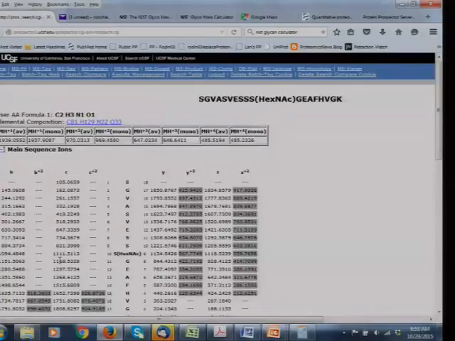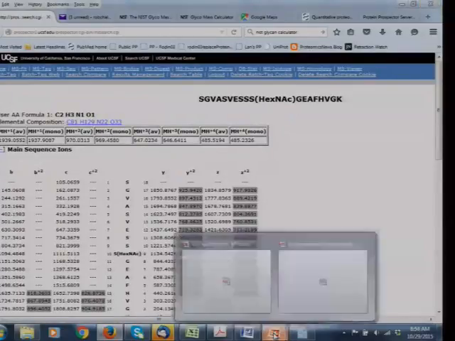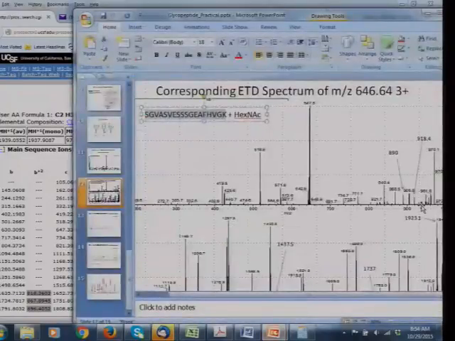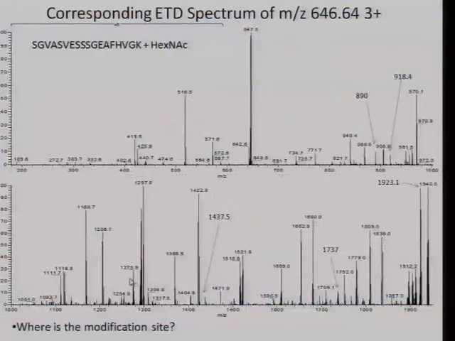So now we'd be expecting a 1111. There it is. So we've got the mass shift on that third serine. Therefore, the modification site must be on this third serine here.